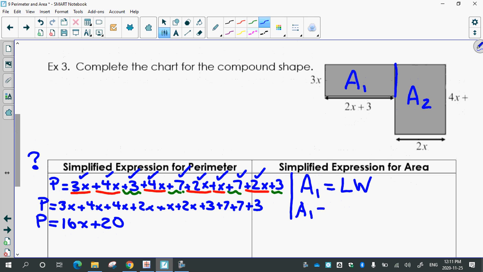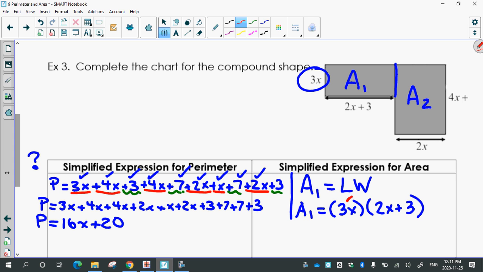And I want to choose length to be my term by itself, and width to be the 2x plus 3. So I know both of them. Great. I'm finding the area of the first rectangle that fills that shape.